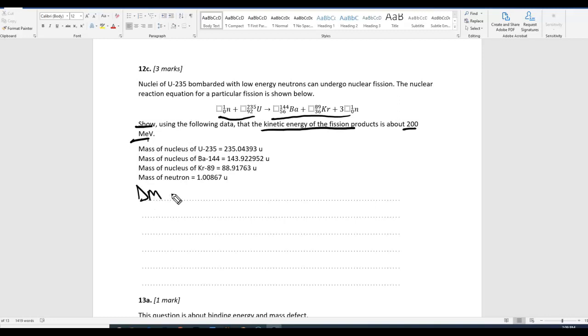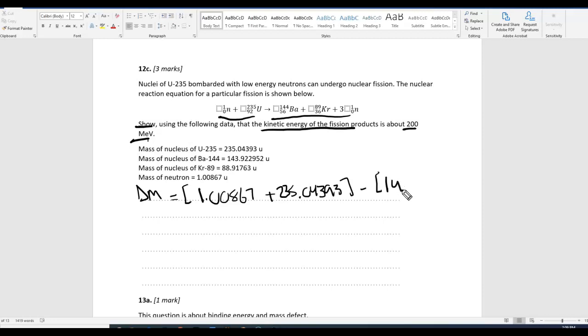Okay, so first of all, the mass defect would be the mass of the reactants. Okay, so we have 1 neutron, so that would be 1.00867 plus the mass of uranium-235, which is given, 235.04393, minus the mass of the products. We have barium, krypton, and 3 neutrons.